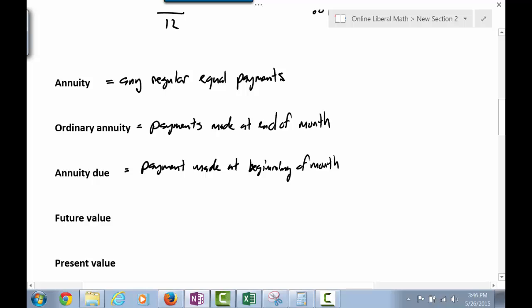Future value of an annuity is the accumulated amount at some future date. It's the amount in the account in the future.